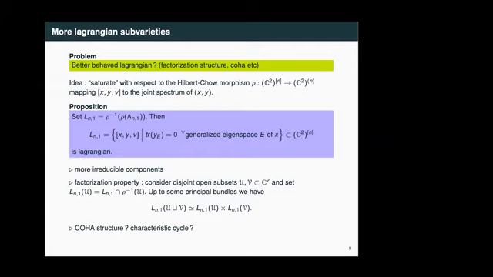I have another question. At the very end, you mentioned that this new saturated Lagrangian has a factorization property. Does it mean that you can construct a Lagrangian, say, in the Hilbert scheme of K3, for instance, use this factorization property to go from C2 to something else?